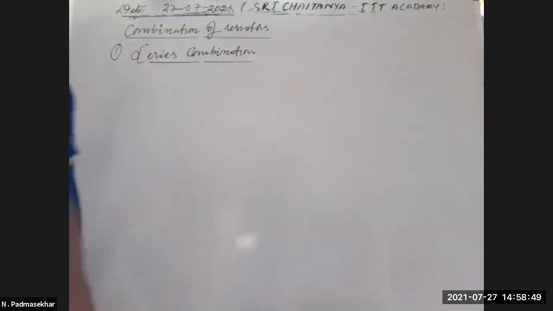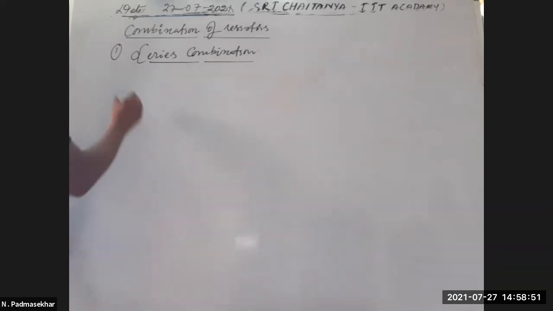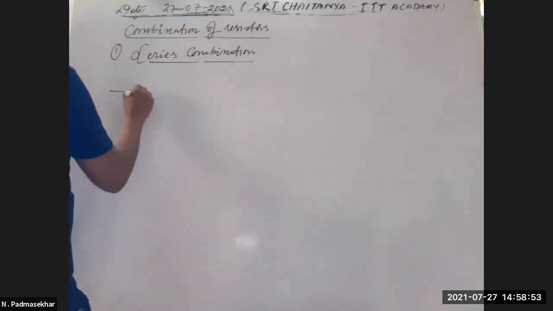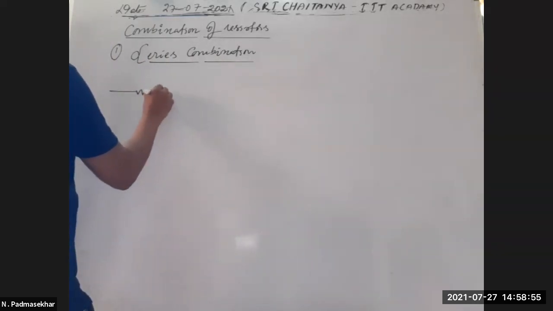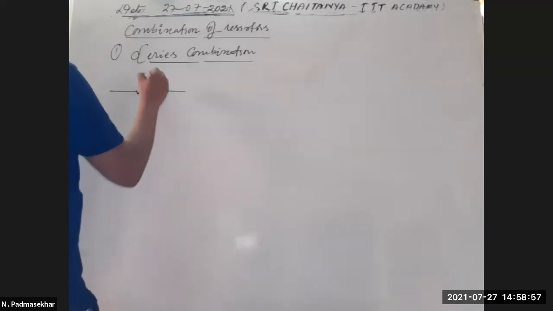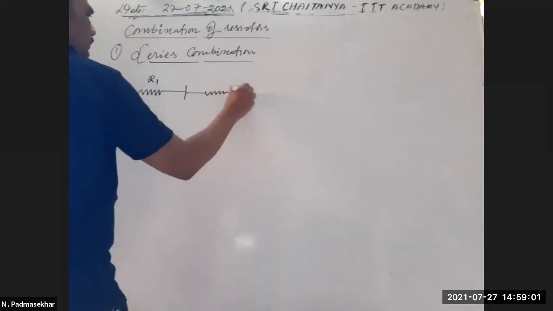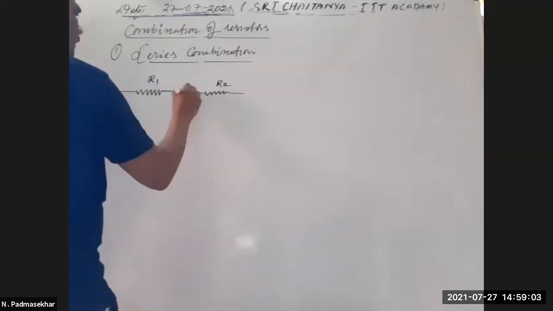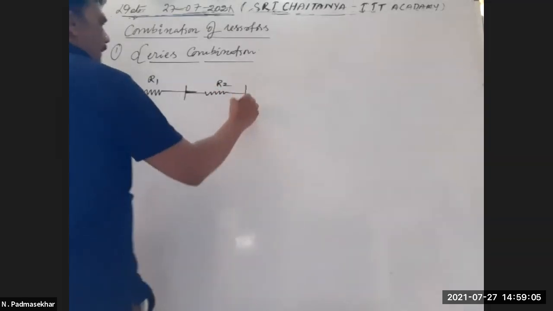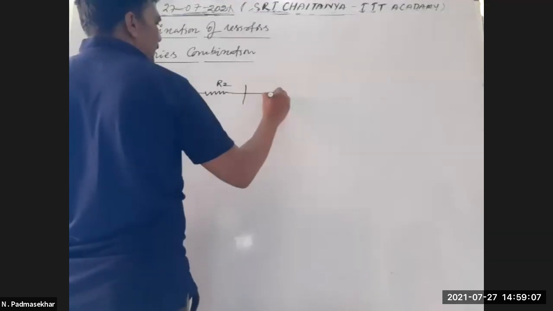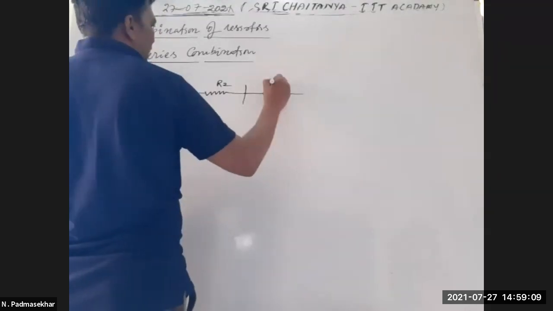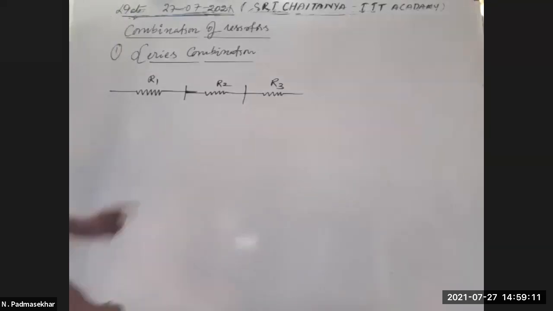What is the meaning of series combination? Suppose there are three resistors, R1, R2, R3, connected like this, end to end.